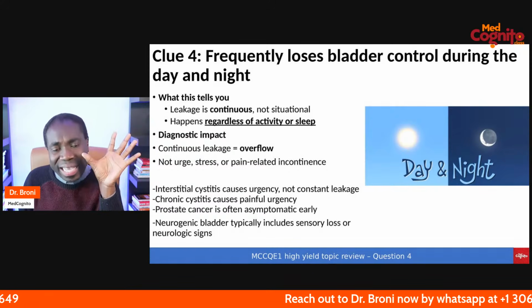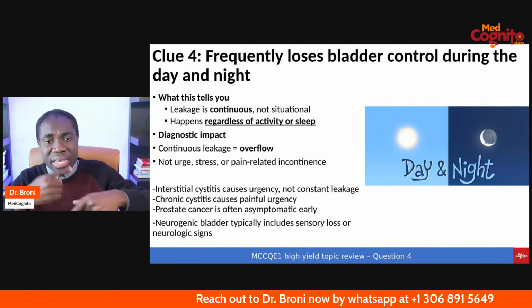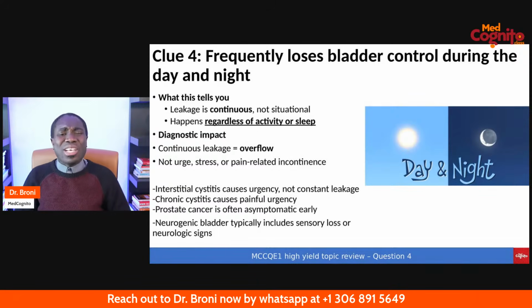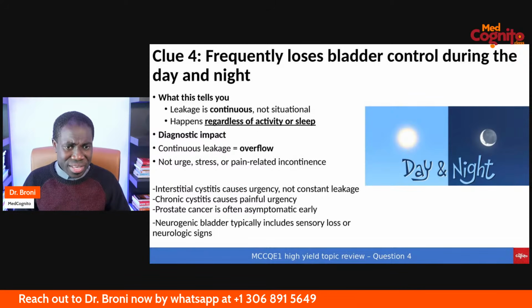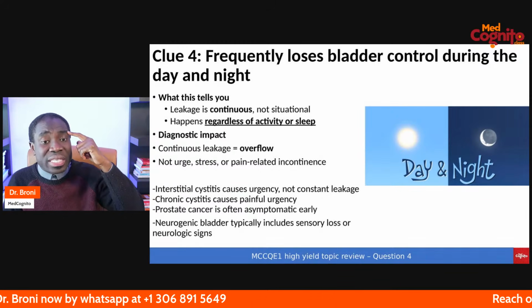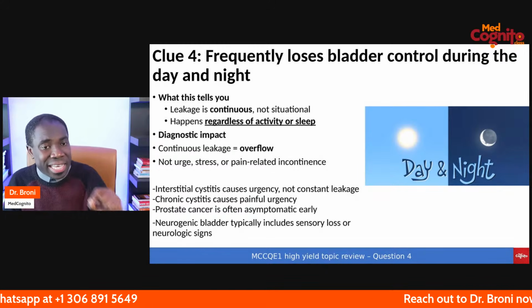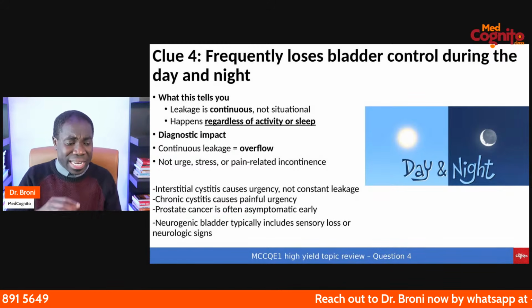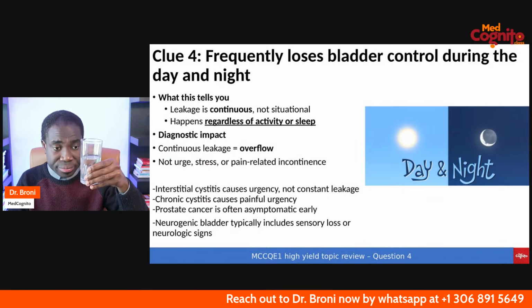Whether he's active or he's asleep, it's happening. Why? Because the bladder is always full. So if you have a patient who is having continuous leakage, think about the fact that the cup is already full. And because more urine is filling up, that is why it is overflowing.